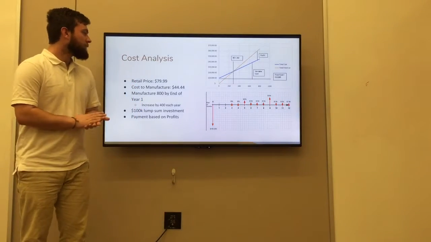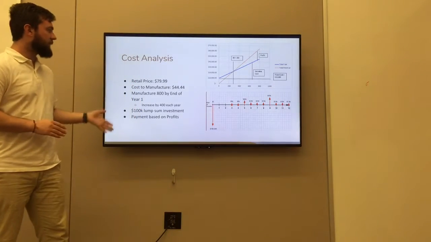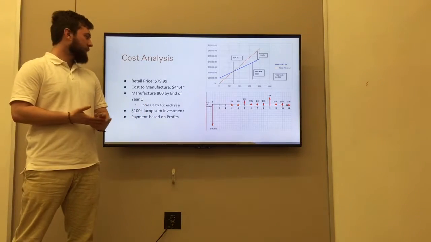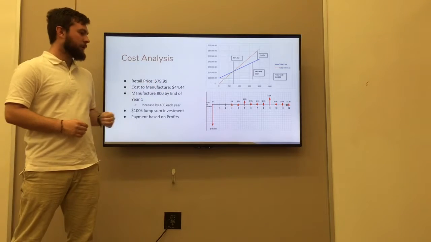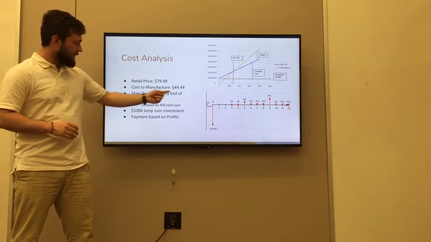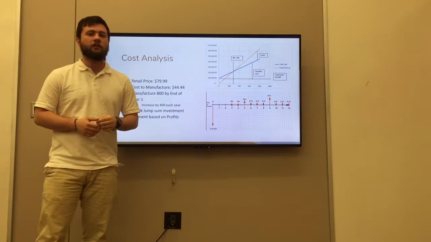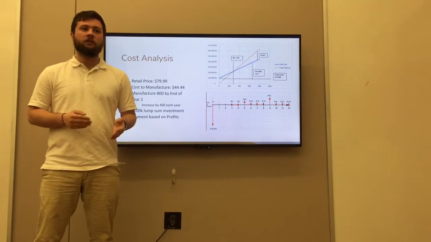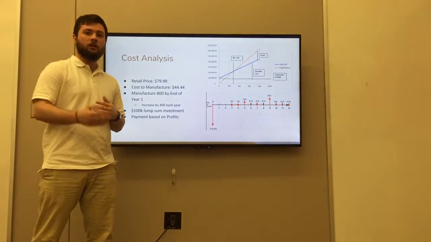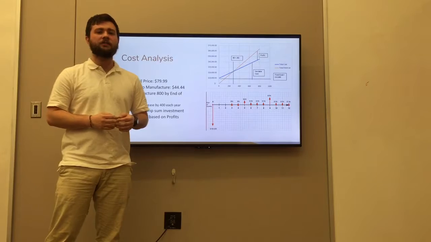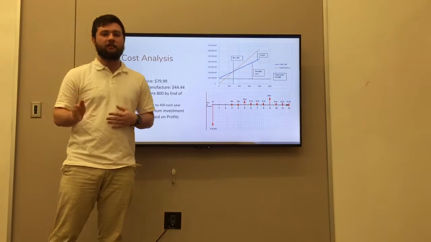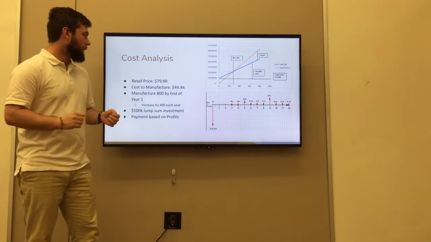So here is the full cost analysis. We had earlier that the cost sheet was about $43. Here, the cost of manufacturing is $44.44. This is in part due to the labor costs, so how much the energy elevator would cost to manufacture in a factory, pay the workers, and pay for everything to make it.